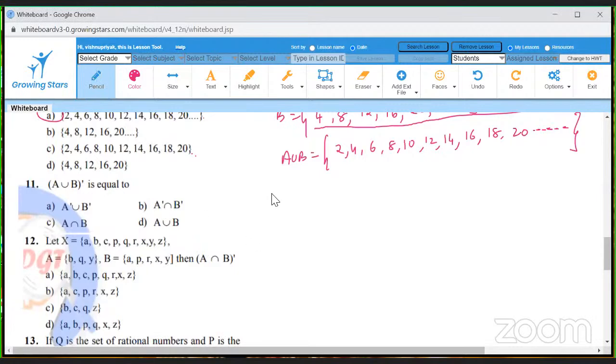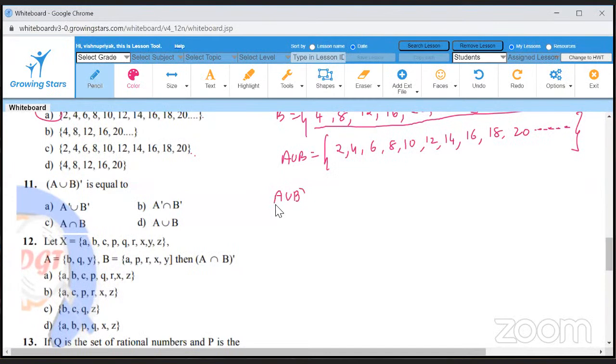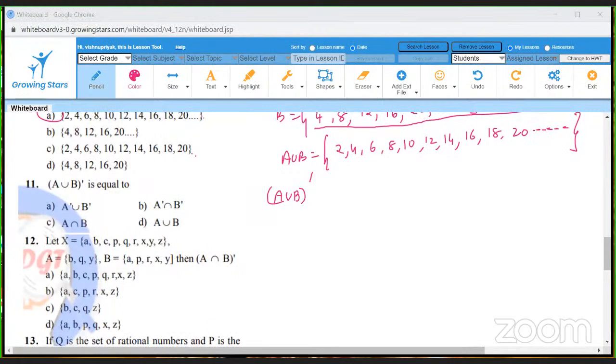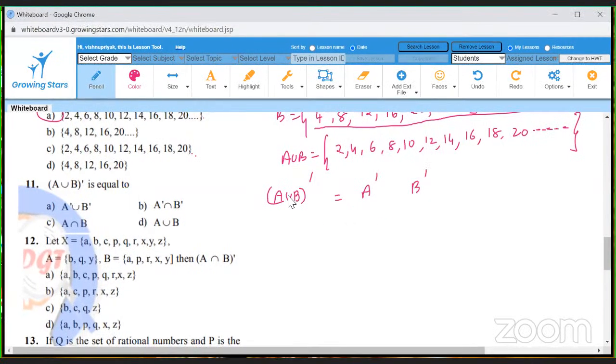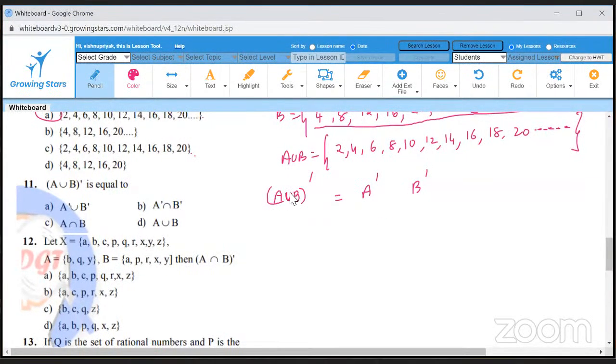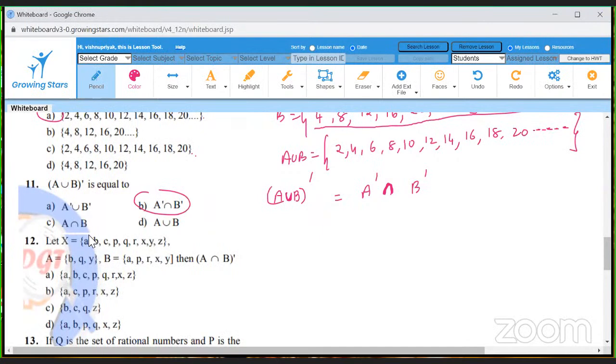De Morgan's law: A union B whole dash. What will become? It will become A dash B dash, but union will change to intersection. This is called De Morgan's law.